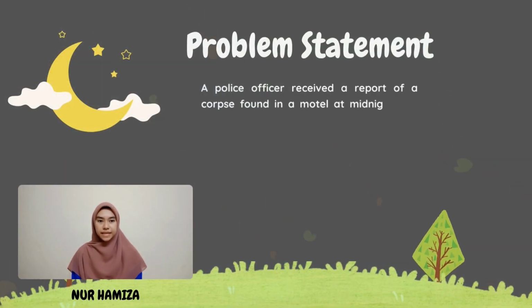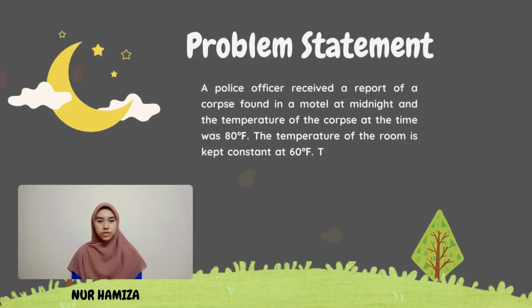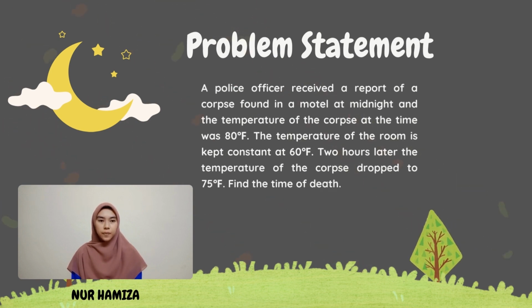The problem statement that we chose to discuss is: a police officer received a report of a corpse found in a motel at midnight, and the temperature of the corpse at the time was 80 degrees Fahrenheit.